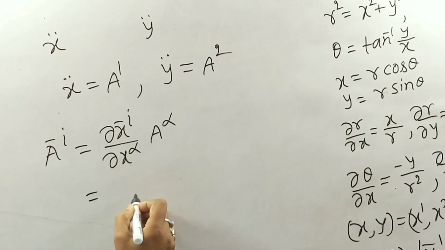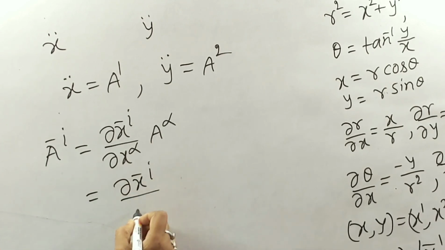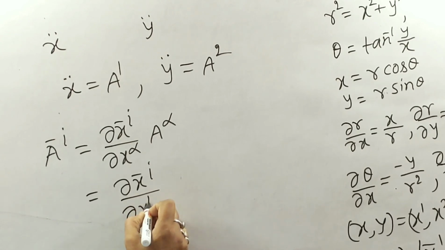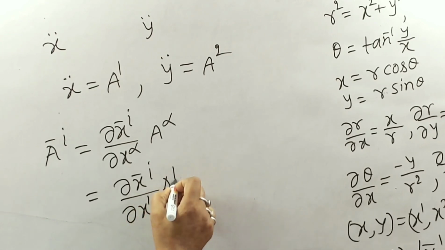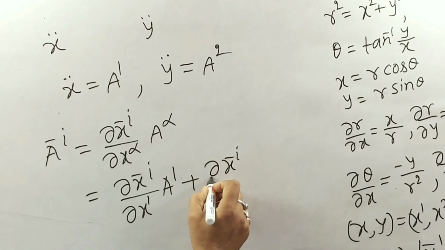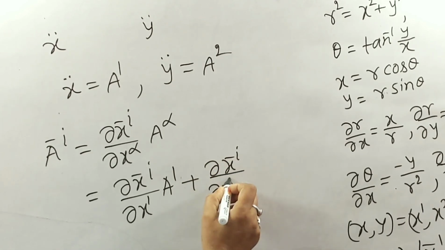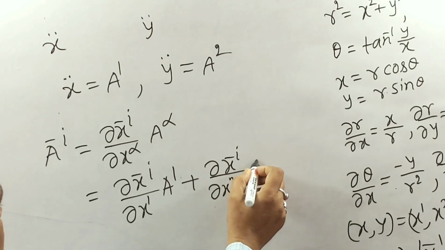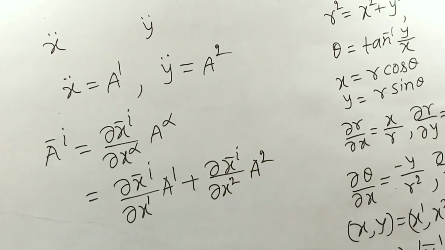We expand this: del x bar i by del x 1 a1 plus del x bar i by del x 2 a2.